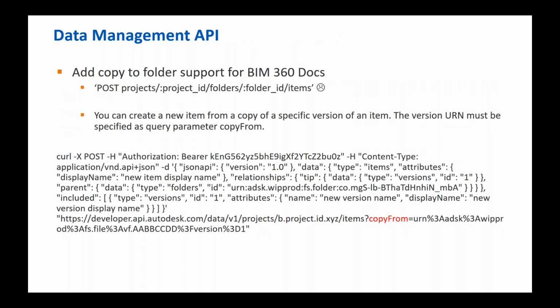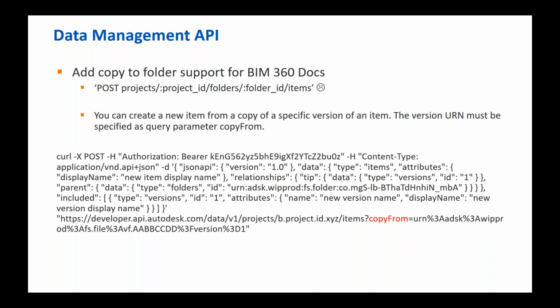So now you can also copy from a folder to another. It's useful when you want to do a cross-project copy of files or copy files from one folder to another. In that case, you still need to use the post project folders items endpoint, like you would to upload a file.